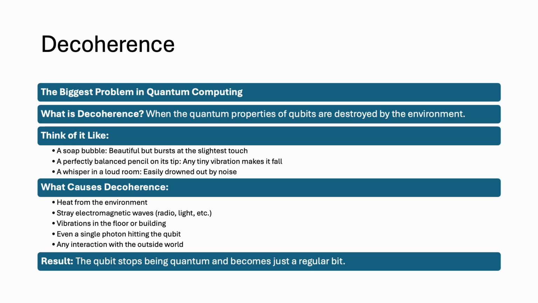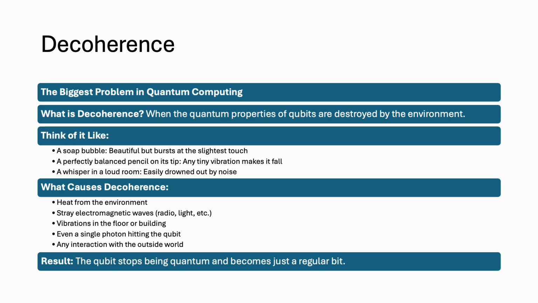They exist in delicate superposition states, but any interaction with the environment, a stray photon, a vibration, a fluctuation in temperature, can collapse the superposition. Once decoherence occurs, the qubit stops behaving quantum mechanically. It becomes just a regular bit, losing all these special properties that make quantum computing powerful.